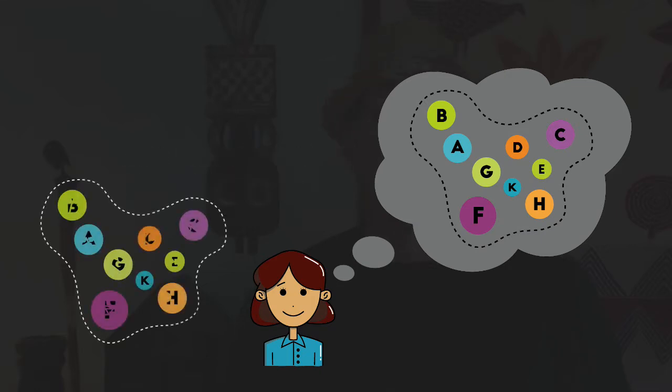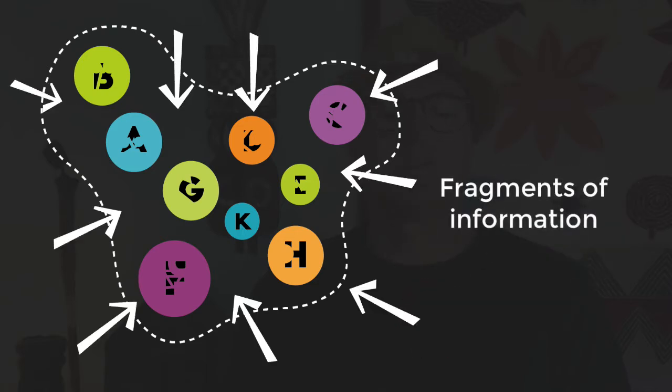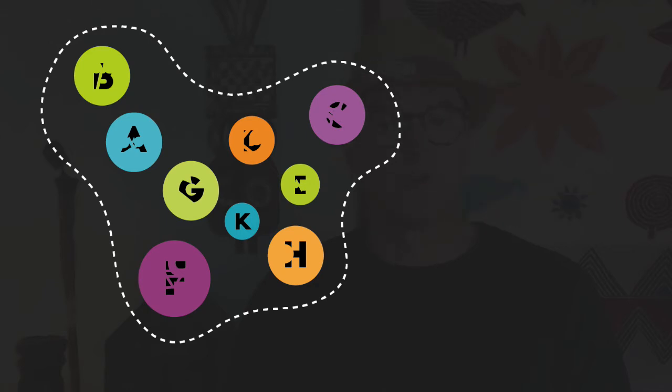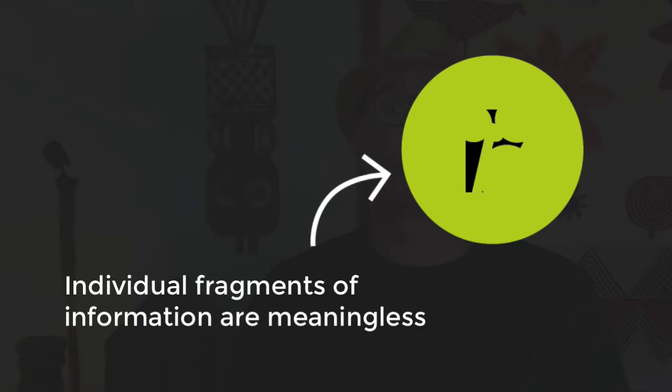This happens by looking at the various fragments represented by the little circles of our story. The fragments of information will typically range from being utterly obscure to less obscure, but individually, as standalone pieces of information, they are meaningless.